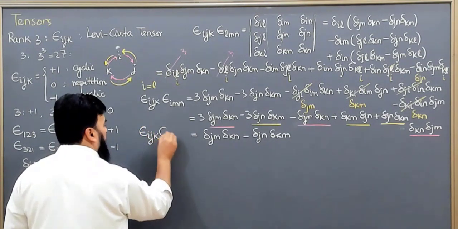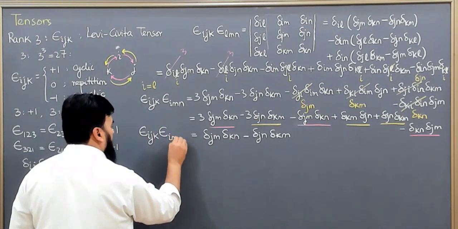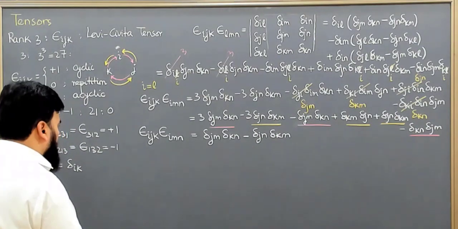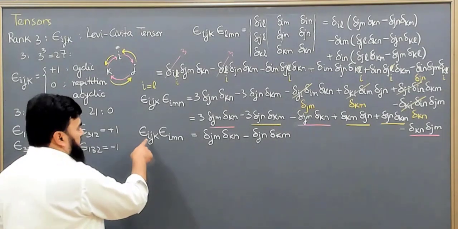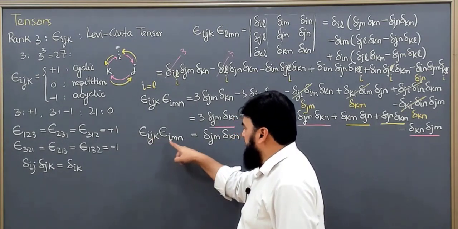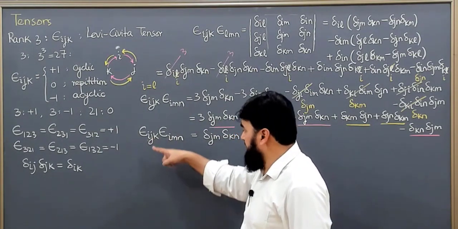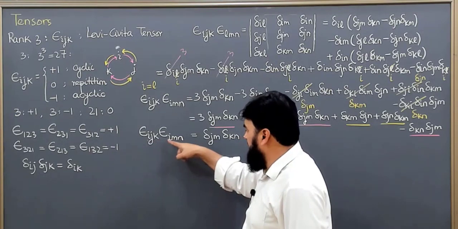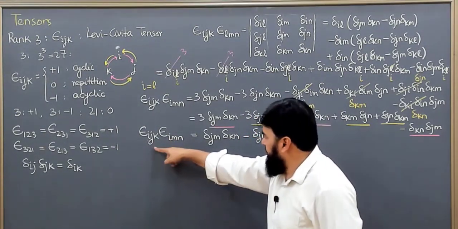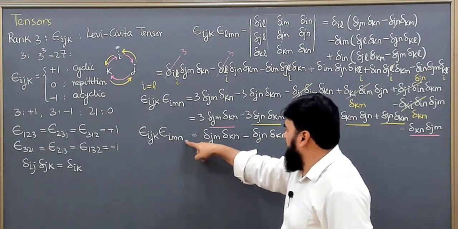So finally we have reached here that this is epsilon ijk and epsilon imn. Now here, when the two indices are the same, like I and I here, we will skip them, j, k and mn. So it will be j with m and then k with n.